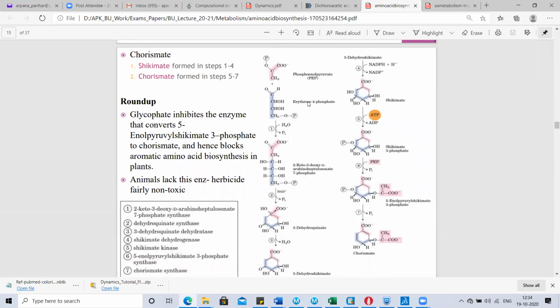Basically, phosphoenol pyruvate reacts with erythrose 4-phosphate and produces, in the presence of a synthase enzyme, 2-keto 3-deoxy D-arabino heptulosonate 7-phosphate.